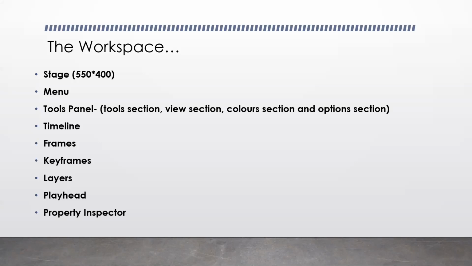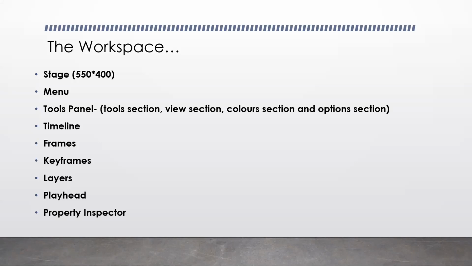I have told you before also, the tools panel is divided into four further sections. First is the tool section itself. Second is the view section, in which you are going to get different options for viewing the animated objects. Third is, beta, the color section, in which you are going to get the colors, swatches panel, colors panel for different categories.